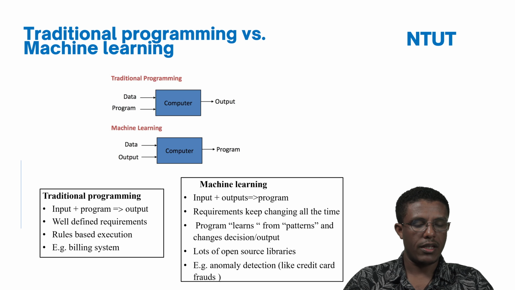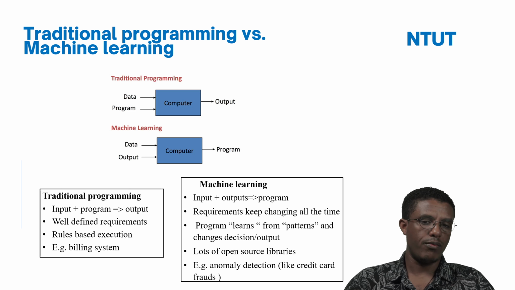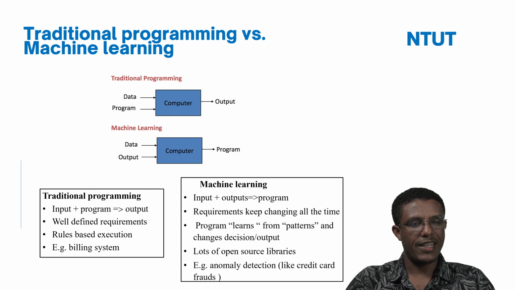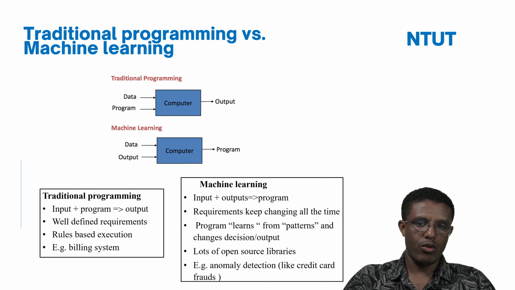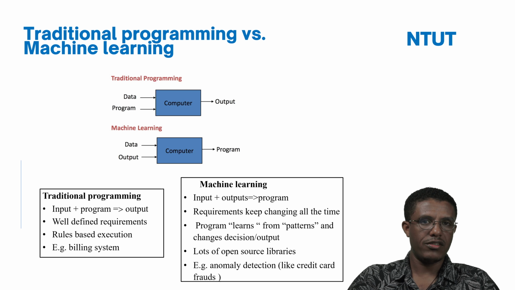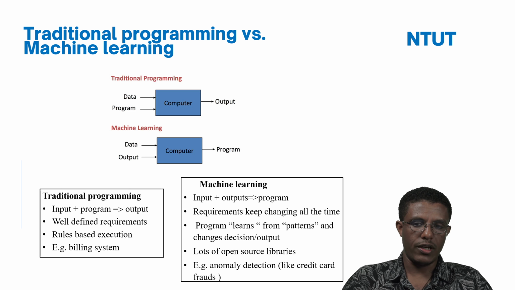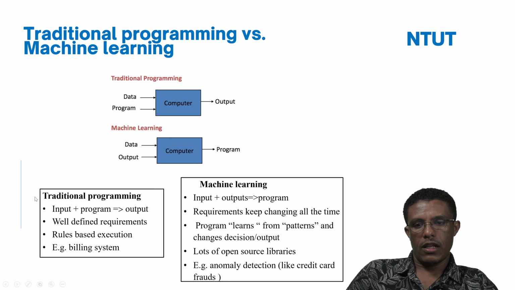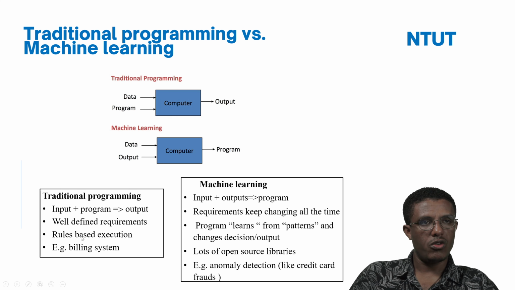So it's not well-defined or fixed like it is in traditional programming, which is static. Once the program is defined, the task works only on that. For example, traditional programming is rule-based execution, just following the rules.